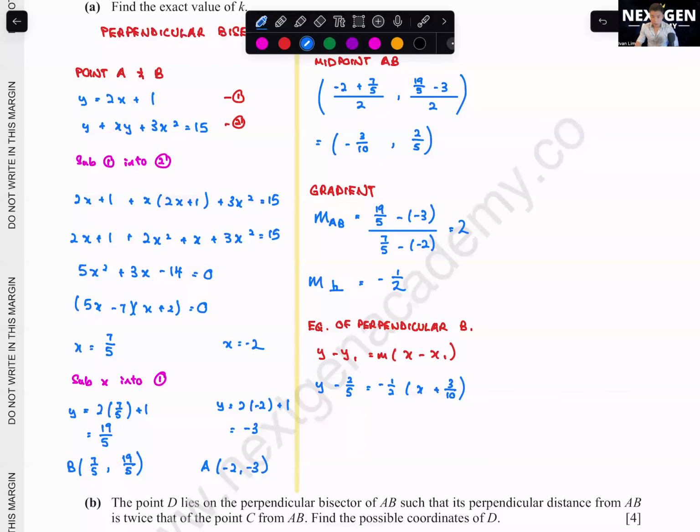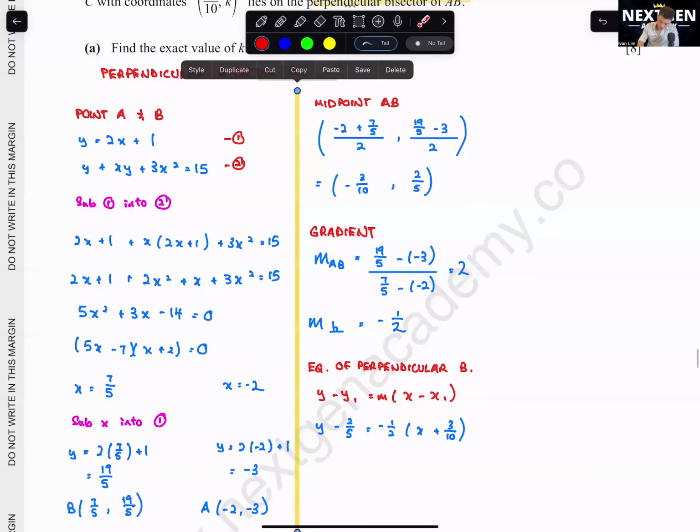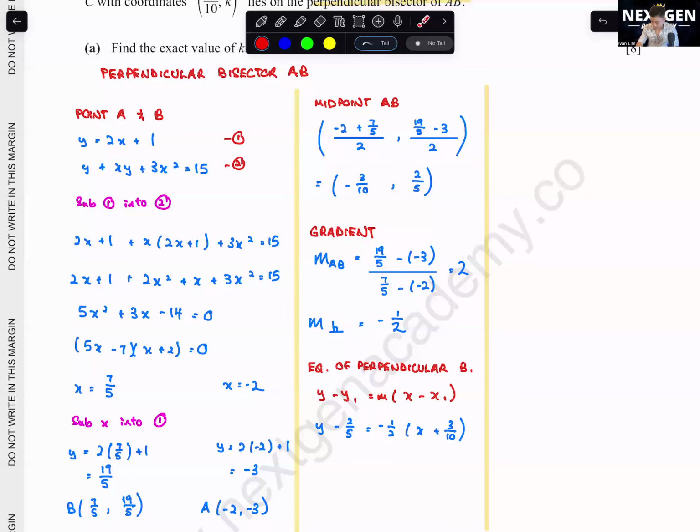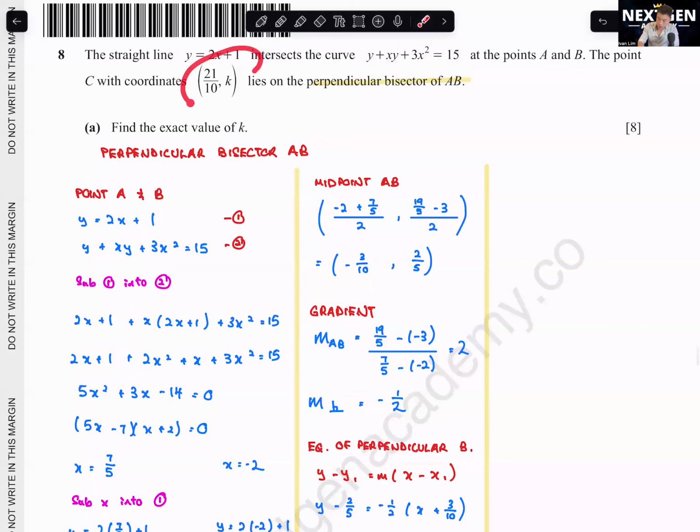From here, it is not necessary for you to simplify, but if you want to simplify, it's also fine. Normally in the mark scheme, they will just leave it like that. But if you want to put it into y equals mx plus c, also no issue. After we find the equation of the perpendicular bisector, now we want to sub in these two values.